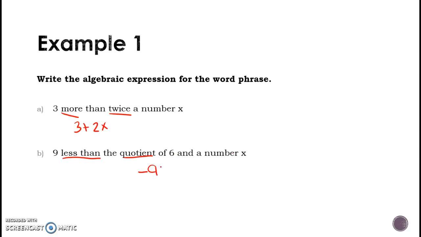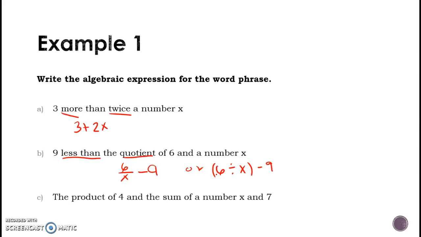So the quotient of 6 and a number x. So I'm going to write it as 6 over x minus 9. The other way we could write this is 6 divided by x minus 9. And just because I am the way I am, I would most likely put that in parentheses, even though order of operations insists that we do it first.